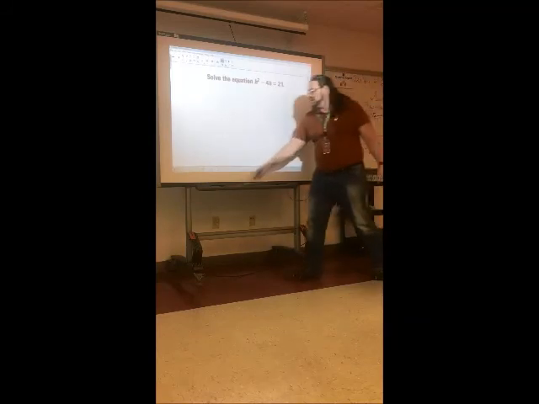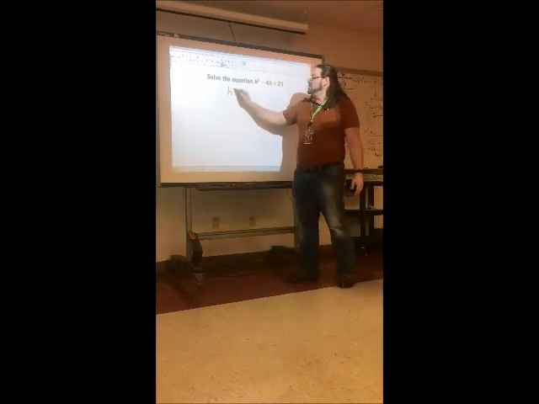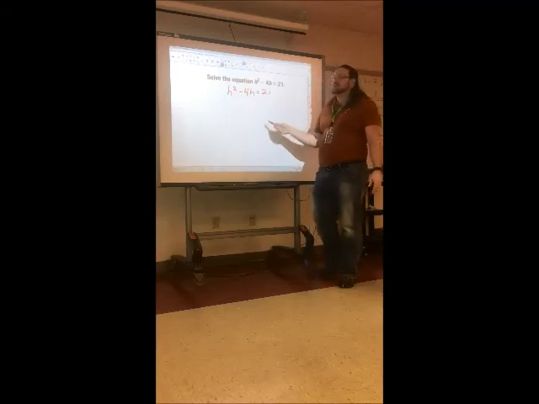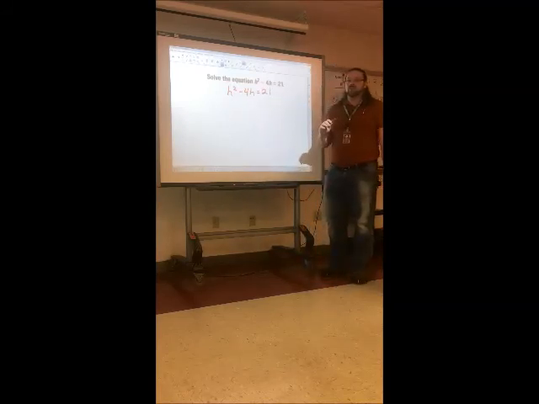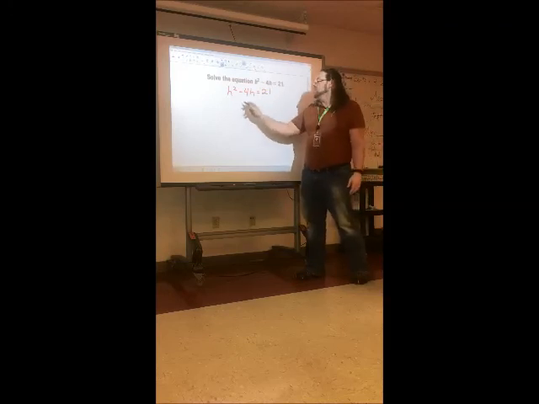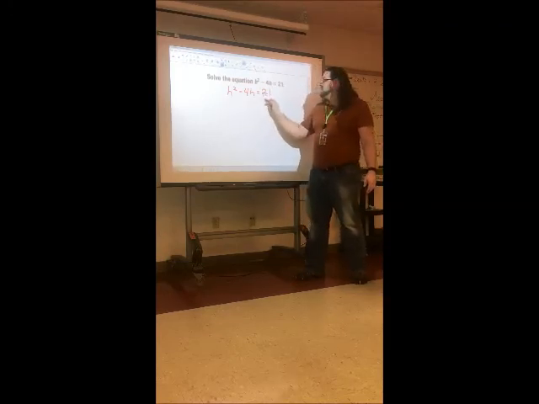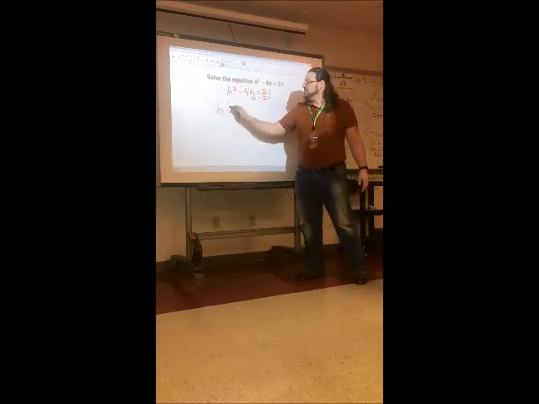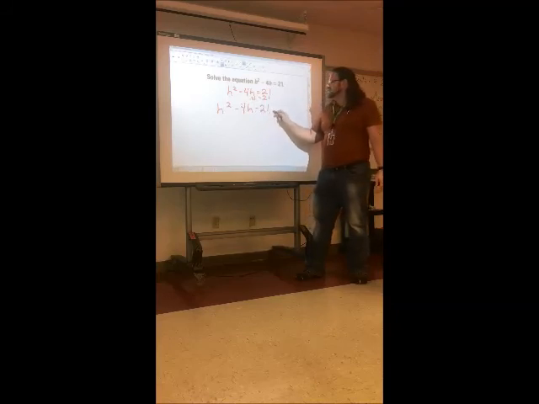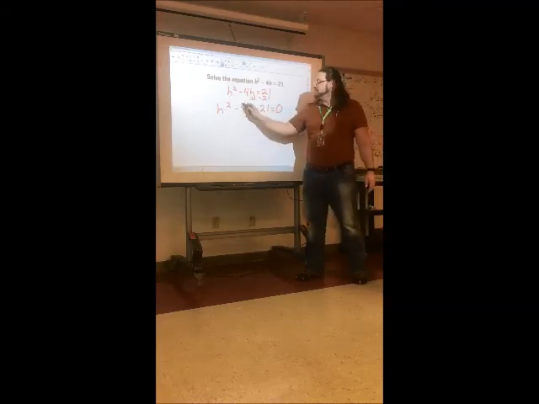So for this equation, when we have h squared minus 4h equals 21, we just need to set it equal to 0. You do that by subtracting 21 from both sides. So if I subtract 21 from both sides, I get h squared minus 4h minus 21 equals 0.